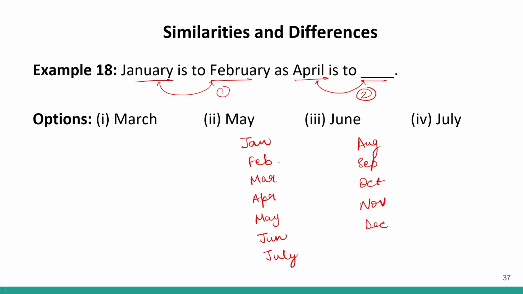So February is the month that comes after January. Similarly, we have to find the month that comes after April, and that is May. So our answer will be option number 2, May. Clear? Let us move forward.